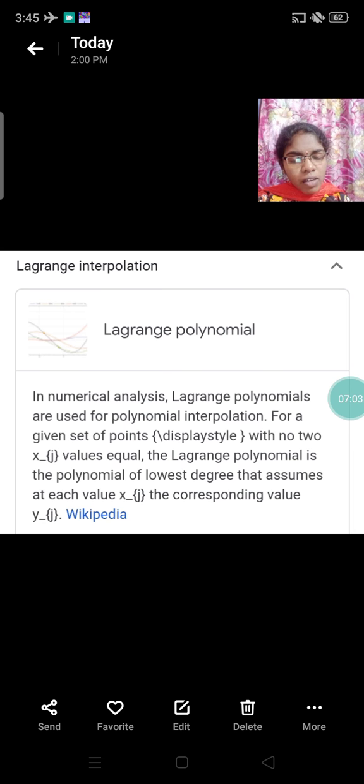What is Lagrange's interpolation? In numerical analysis, Lagrange polynomials are used for polynomial interpolation. For a given set of points with no two xj values equal, the Lagrange polynomial is the polynomial of the lowest degree that assumes at each value xj a corresponding value yj.